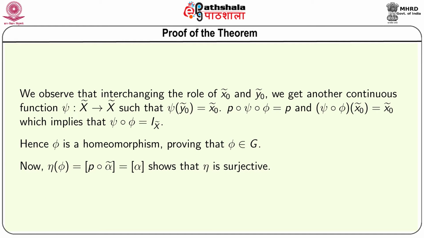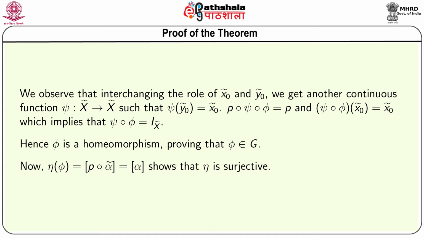We observe that interchanging the roles of x0 tilde and y0 tilde, we may get another continuous function psi from X tilde to X tilde such that psi of y0 tilde is equal to x0 tilde. Now, p composed psi composed phi is equal to p, and psi composed phi evaluated at x0 tilde equal to x0 tilde imply that psi composed phi is equal to the identity of X tilde.